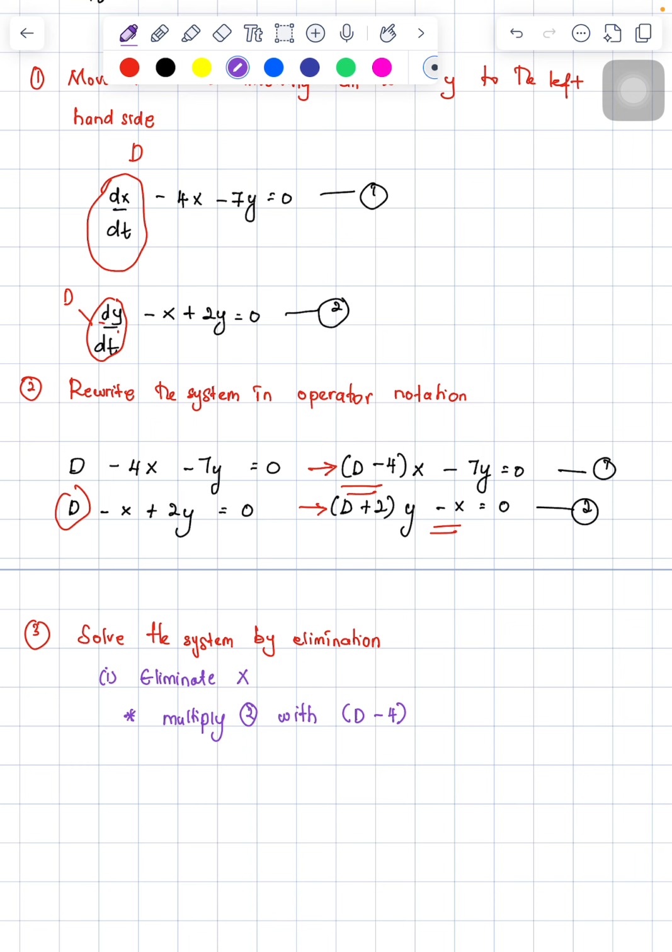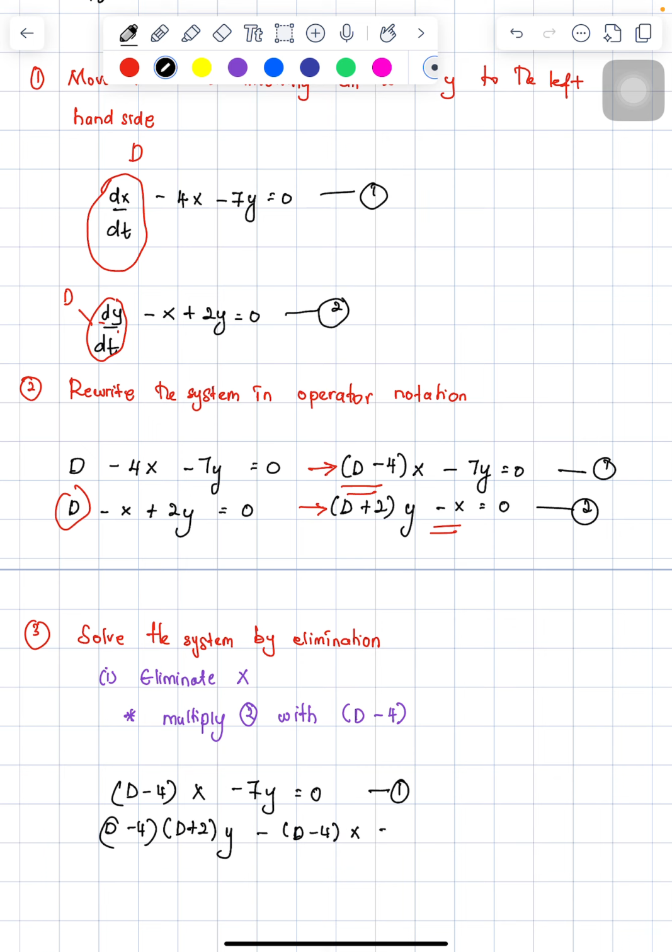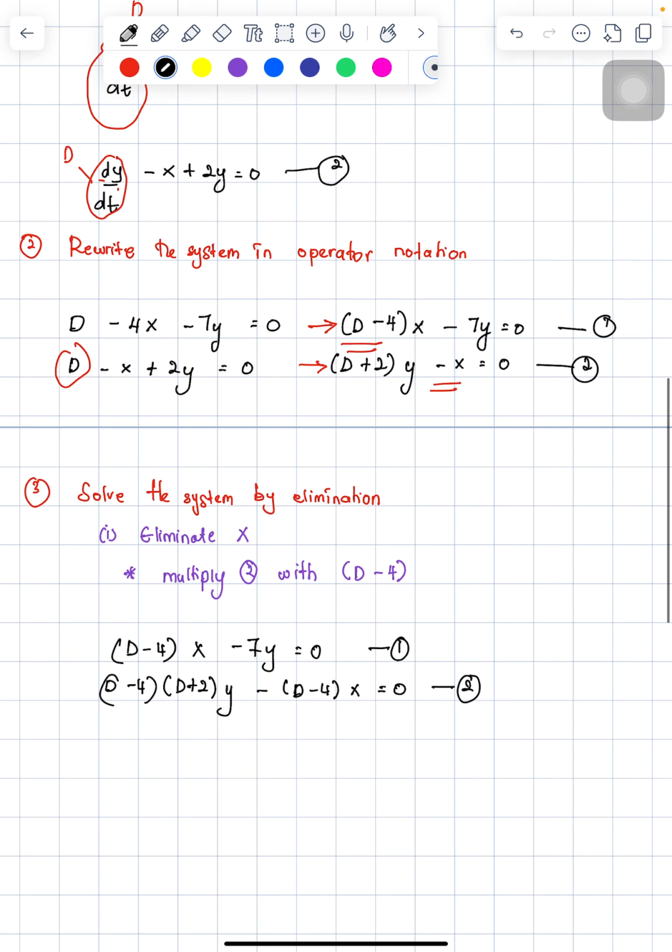Now the first equation remains the same: (D minus 4)x minus 7y equals 0. But equation 2, when we multiply with D minus 4, becomes (D minus 4)(D plus 2)y minus (D minus 4)x equals 0.